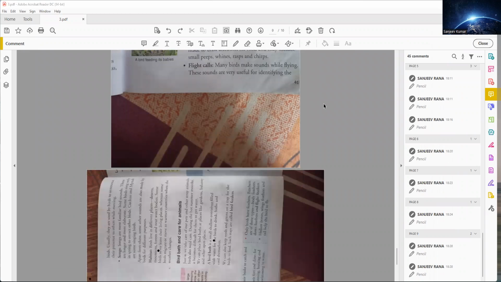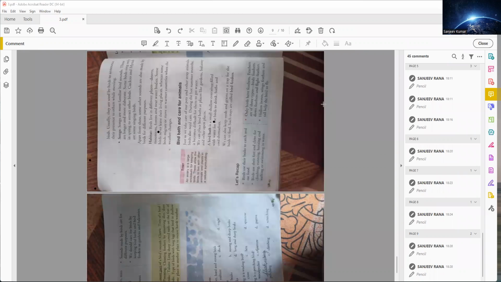Okay, and we also have how birds bathe and how to take care of them. In the summer season there is a lack of water resources, so we can keep a few more pots outside our home, in our gardens, so that they are able to feed and drink water there.